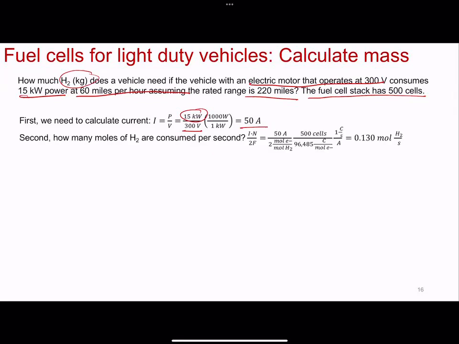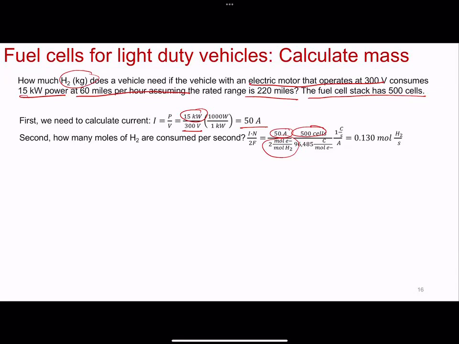Okay, so then we calculate how many moles of hydrogen I need per time. I'm driving 60 miles an hour, so it's drawing 50 amps. For a fuel cell, we're transporting 2 moles of hydrogen, and we have 500 cells.